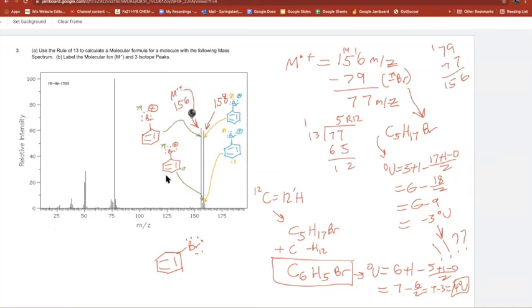And then I have my molecular ion plus 1 for a carbon 13. That's way down in there. That's getting ugly, but you know what I'm saying. And then this one is your molecular ion plus 2 due to the bromine 81, etc.